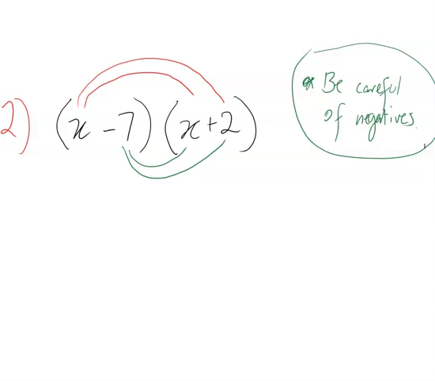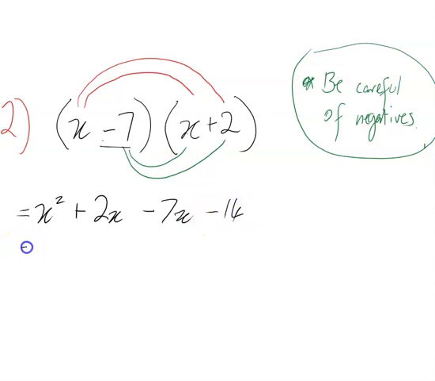Okay, let's get started. So x multiplied by x is x squared, x multiplied by the 2 is 2x. Negative 7 multiplied by x is negative 7x. Negative 7 multiplied by positive 2, you know the negatives win, so it's negative 14.